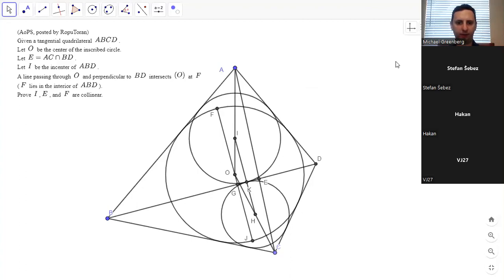FG, can we say anything about that? Yeah, what's the best strategy here?